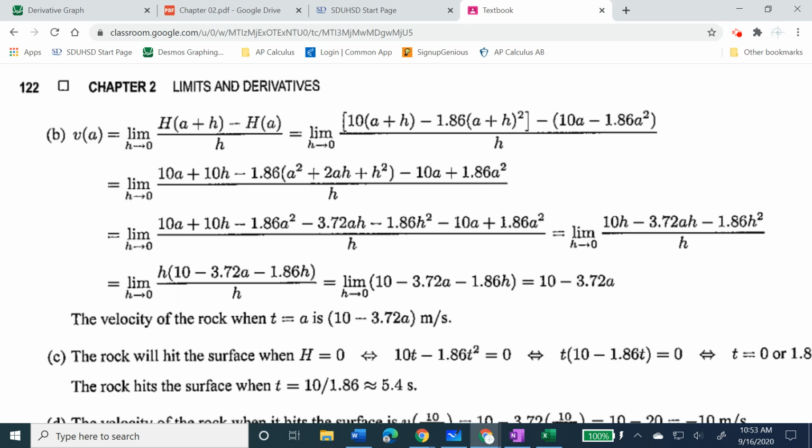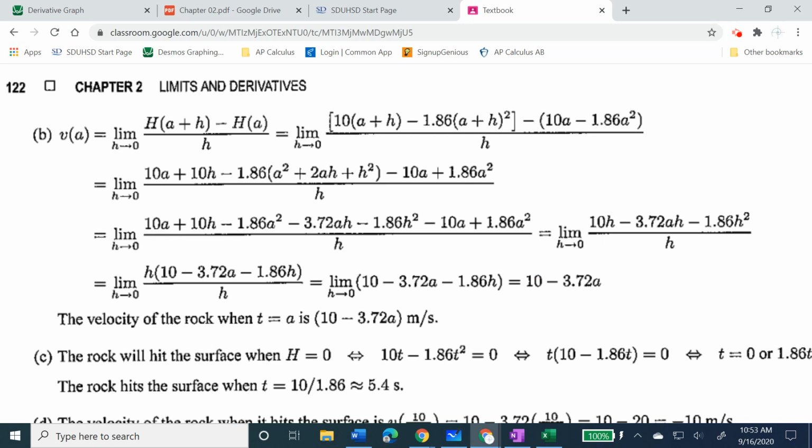But it's just way too much work for you to sit here and watch me go through. And then you wind up with this formula. And then in C, when you solve this equation, you end up getting approximately 5.4. Plug that in, and then you've got D.